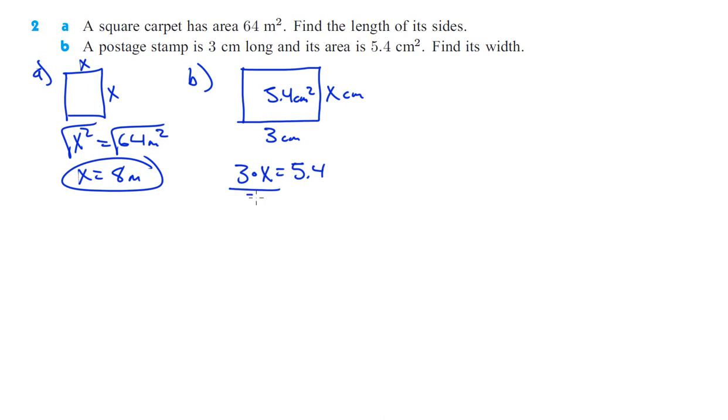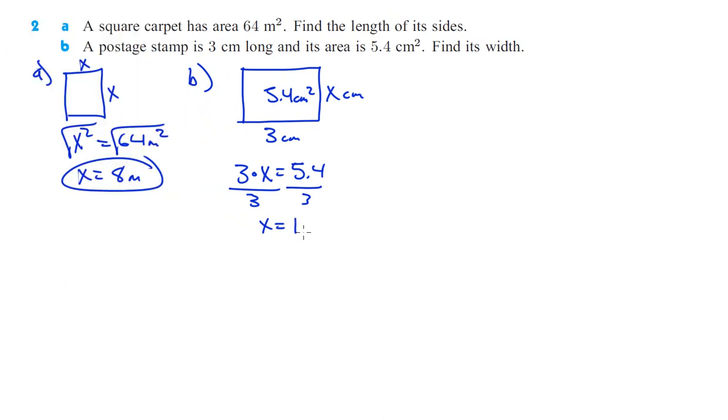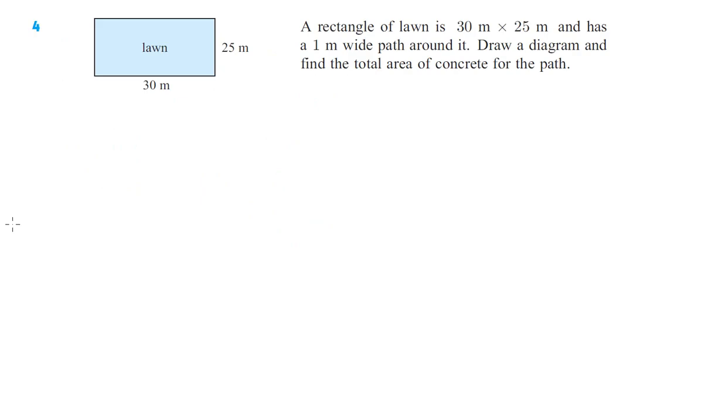So if we divide both sides by 3, that should tell us what the other length is. Okay, so let's pull up our calculator. 5.4 divided by 3 gives us that x is 1.8, and that's going to be centimeters.